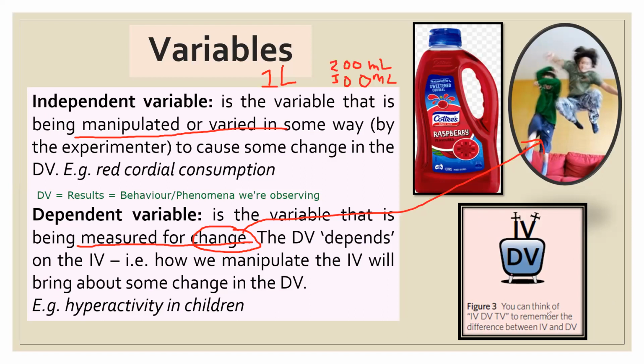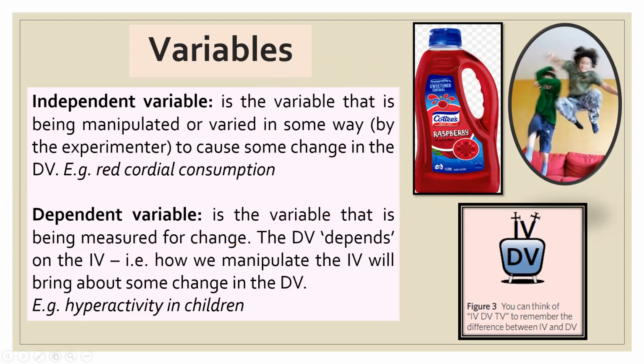So you can remember how the IV affects the DV by remembering the memory tip IV, DV, TV. You remember that picture of the TV in your head. The IV is right at the top, that's the antenna. Every time you manipulate or change the IV, what you see on the TV screen, which is represented as the DV, is also going to change. That just shows you that it's always the IV that makes a change in the DV, not the other way around.